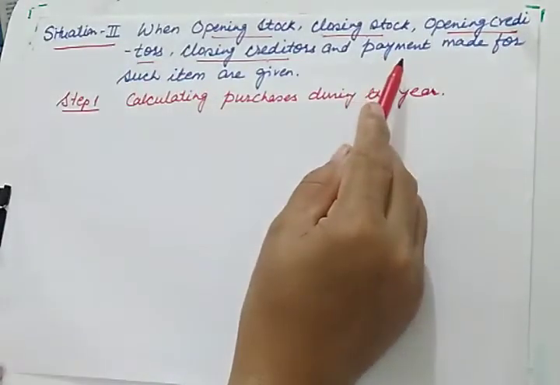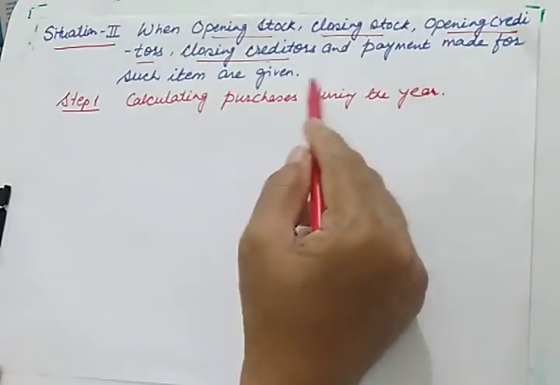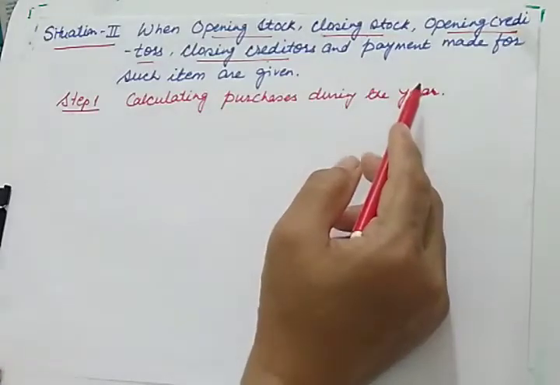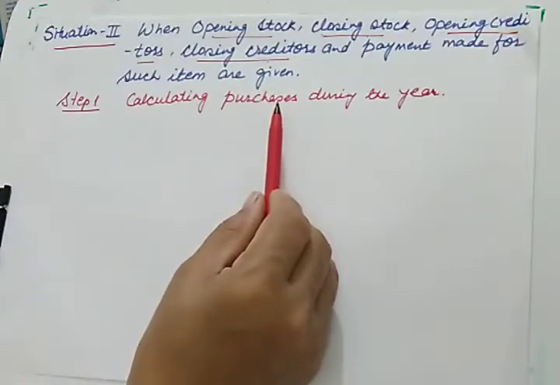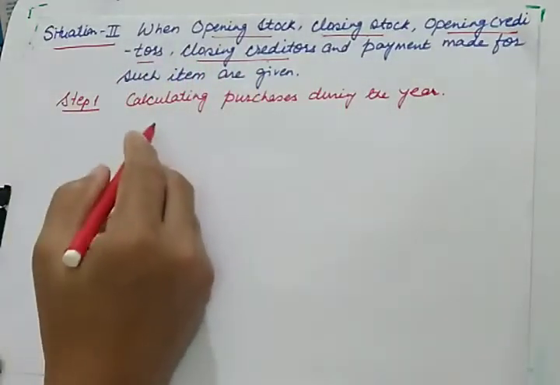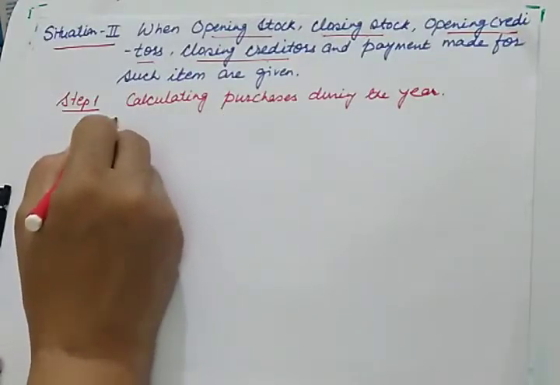Payment can be related to the previous year or to the next year, but these purchases are done in the current year, and these purchases can be cash as well as credit. So we'll be going step by step. For this calculation of purchases, we'll be making a statement. So let us see the statement.